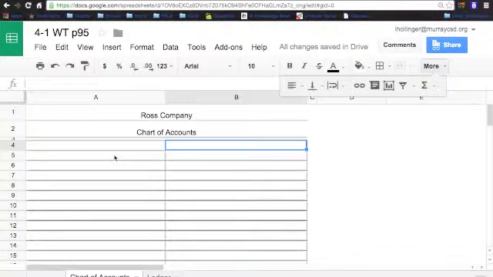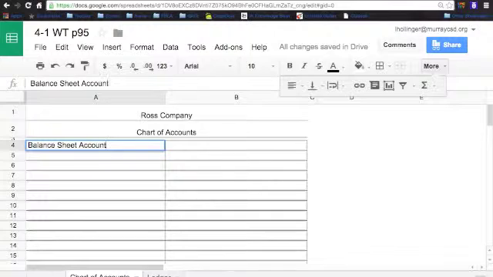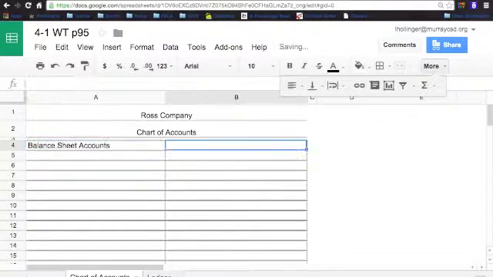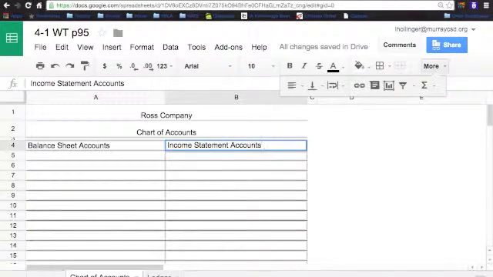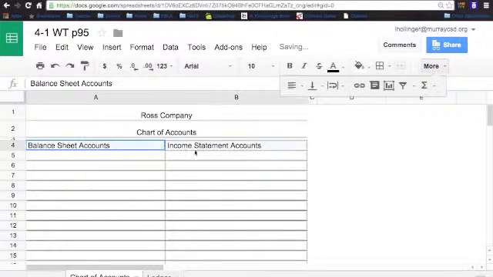Underneath this, we are going to put our balance sheet accounts all on the left side of the chart here. So, balance sheet accounts. So we'll put that label on there. On the right side, we're going to call this our income statement accounts. So we'll come over here, write income statement accounts. And we're going to keep them separated that way. These two titles here can be centered as well.